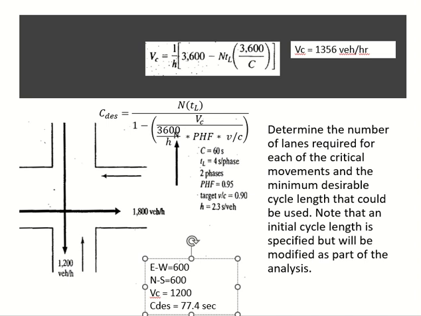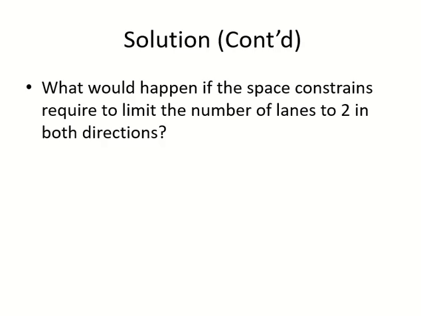Any questions? Now let's say we have a restriction from the government. The government says that we don't have enough space to provide 3 lanes in any direction. So the maximum you give is 2 lanes. Can I give less than 2 lanes? No, I already tried it and it was not working, right? So I will go for the maximum, which is 2 lanes and 2 lanes.